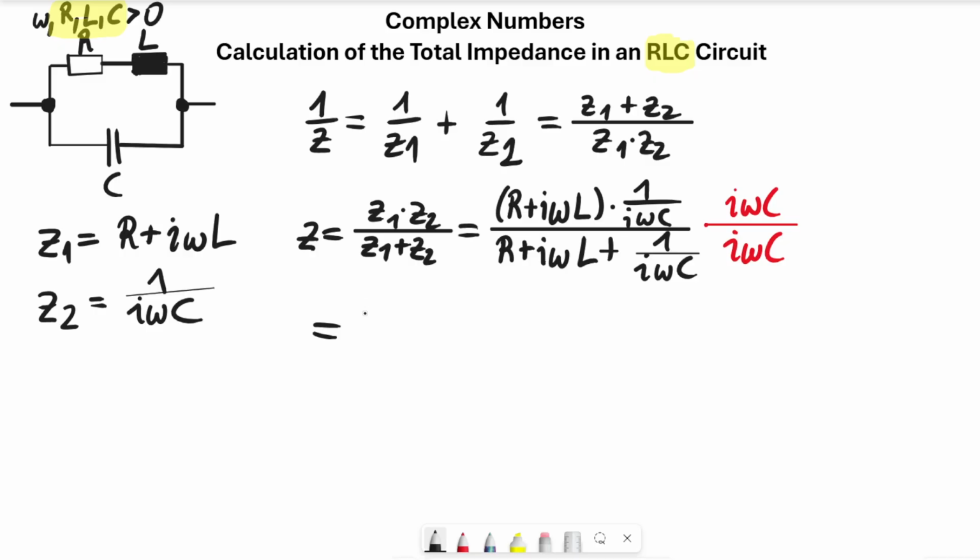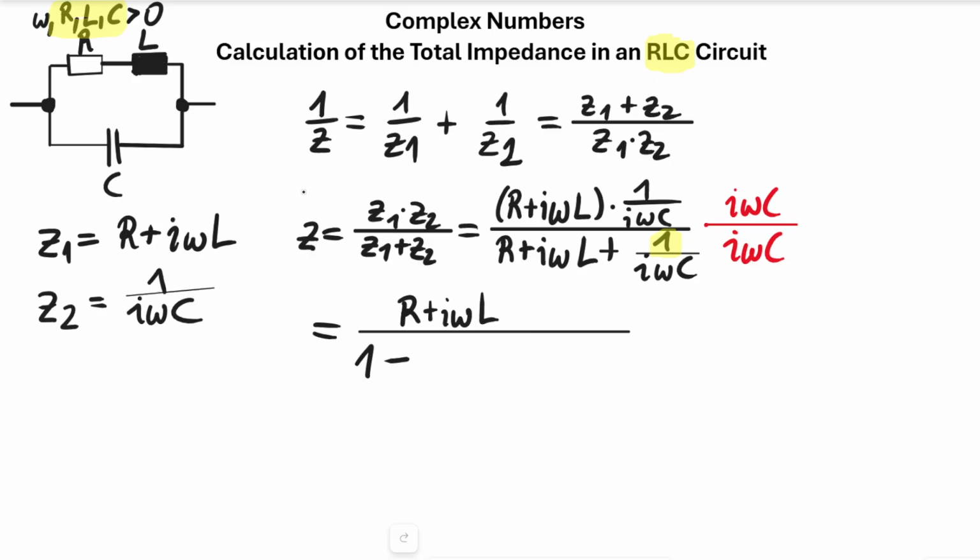So what does it mean? The numerator here is R plus I omega L. And in the denominator, you have now 1. I would start here with this 1 here. Plus, the next one is here. Probably use the middle term, because it also will be real. Why? Because I times I is I squared, which is minus 1. So this is actually a minus. And now we want the same order as here.